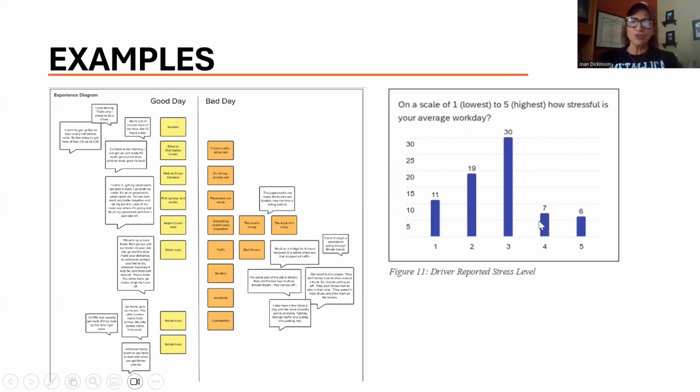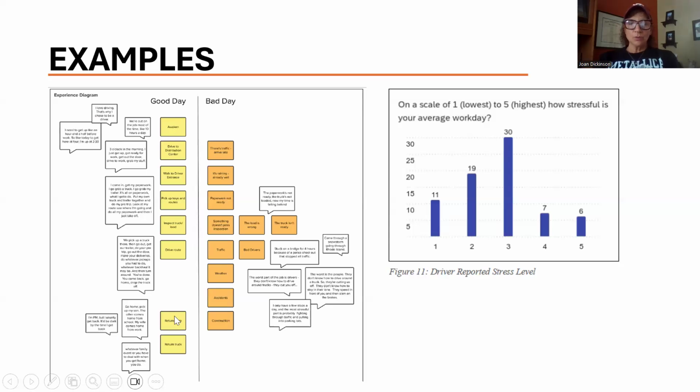So this is kind of illustrating the difference between quantitative data, okay, which is on the right, and qualitative data, which is on the left. On the left, we're seeing the example of an experience diagram, and this experience diagram was used as part of her data analysis when she was looking at what is an example of a truck driver good day versus a truck driver bad day.